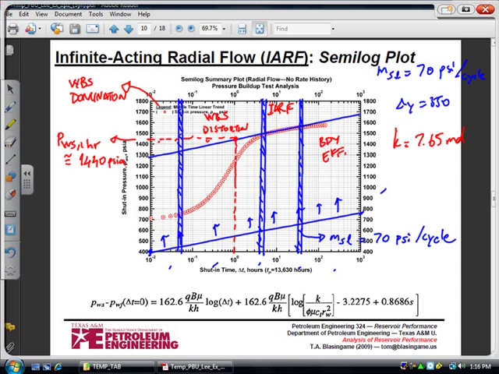Okay, so once I find the PWS 1 hour, and then I can find my skin factor. Okay, and that should be it. So in the end, all of your analysis will give you the same results. And you start from the log-log plot, and the values you find, you force the slope values on the semi-log plot and the Cartesian plot, and find your permeability, skin factor, wellbore storage coefficient, or whatever you need.